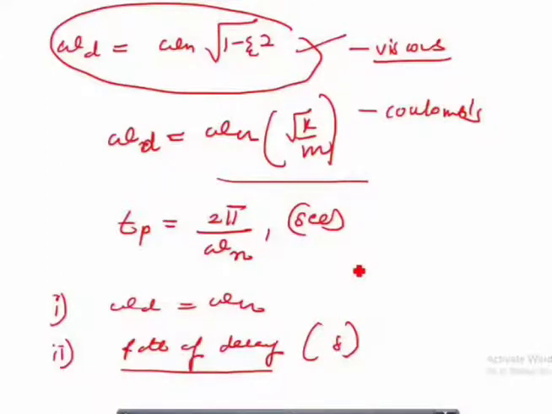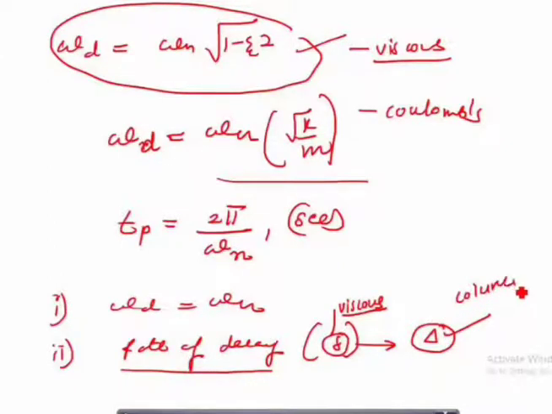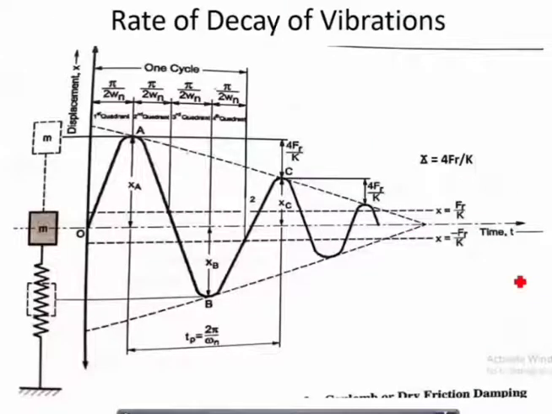Here, in case of the Coulomb's damping, this is denoted by delta. So these are the differences you have to remember as far as Coulomb's damping and viscous damping are considered.